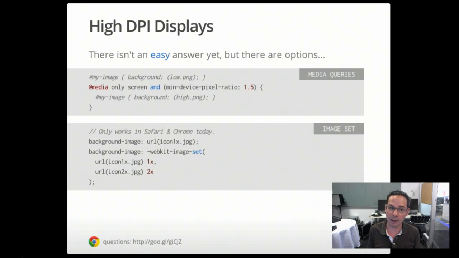ImageSet is the second one, and it's only available in Chrome and Safari today in WebKit browsers, but I expect to see it coming in future browsers. That's the primary reason why you see it vendor prefixed there. But with ImageSet, what you can do in your CSS is specify, here's the URL to my image for one device pixel ratio devices.